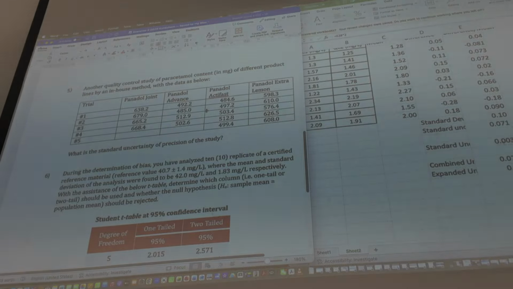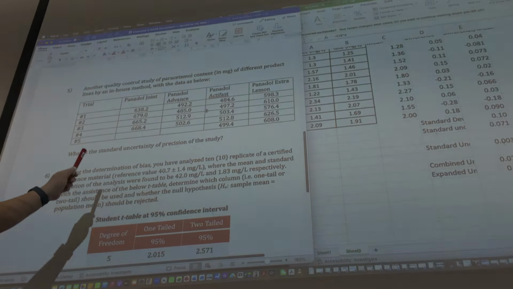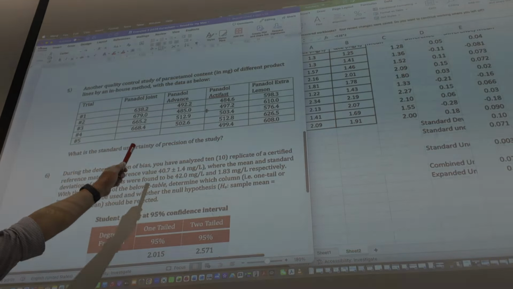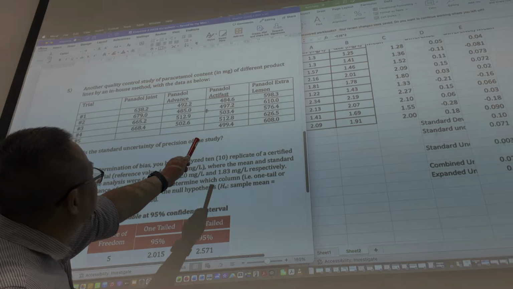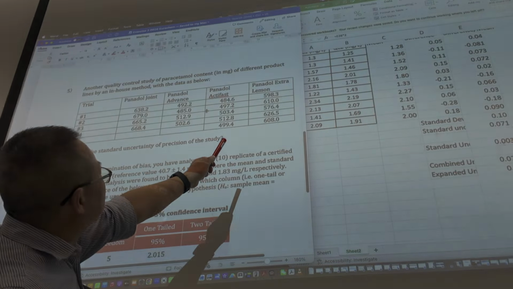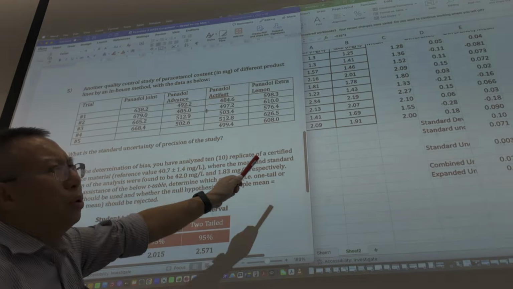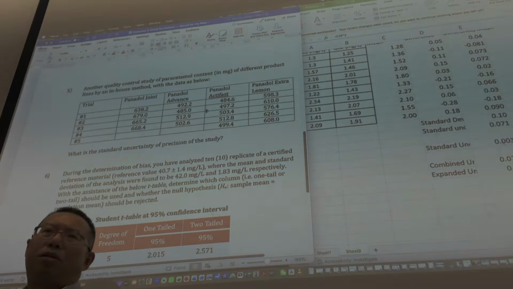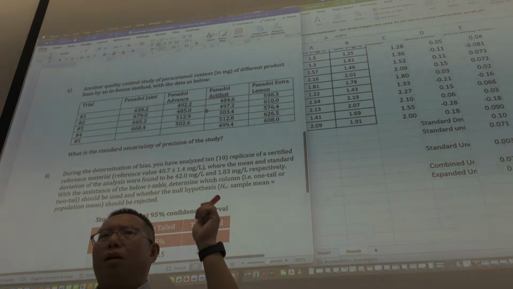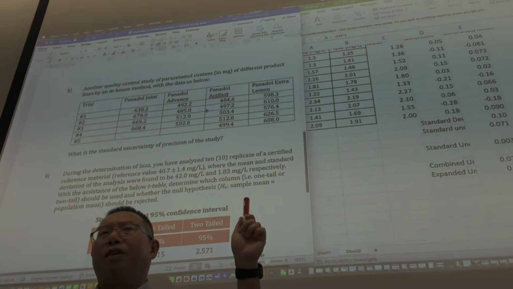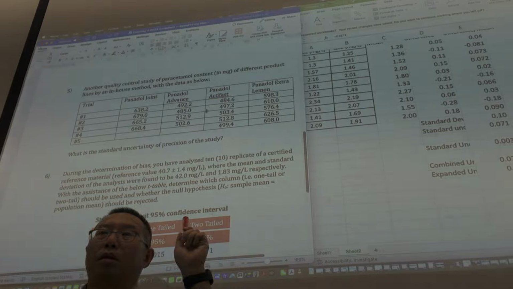From the data, you will see this one is around 600 something, this one is around 500, this one is 500, this one is around 600. So you've got 2 to 3 different levels. From the data, you can see that the different products would have different concentrations.